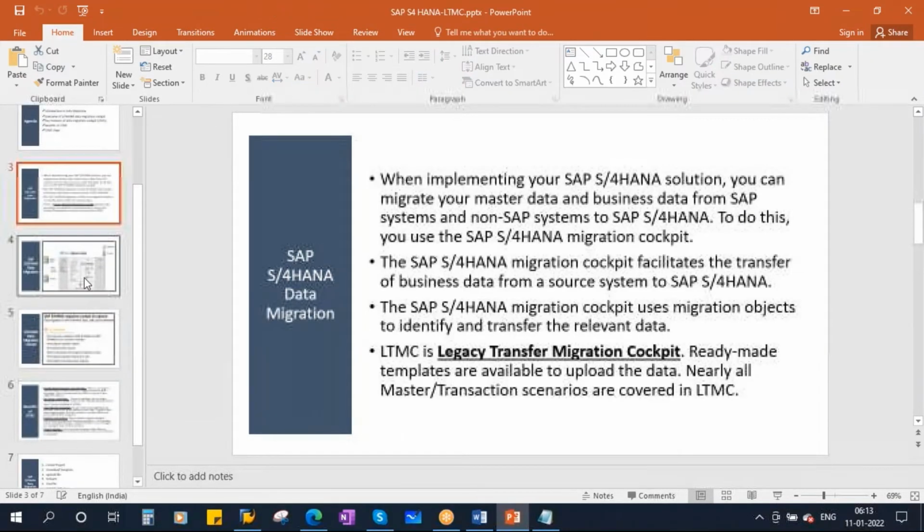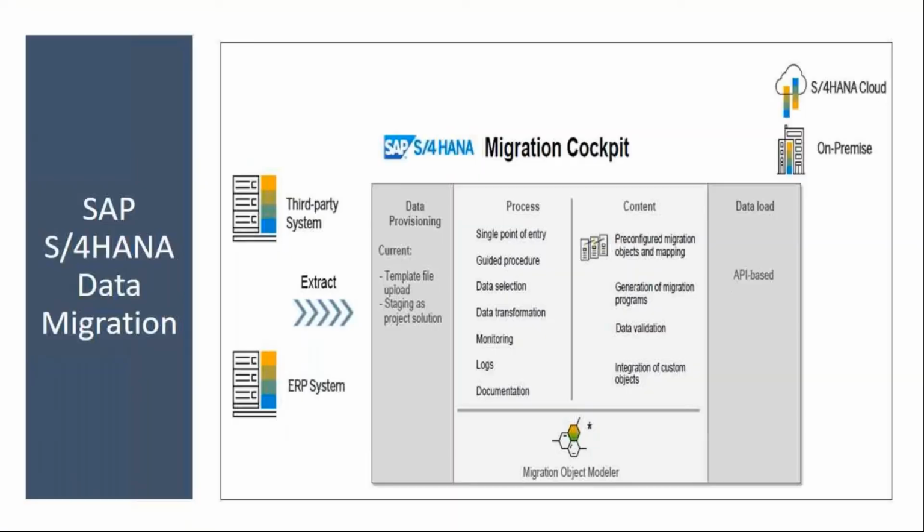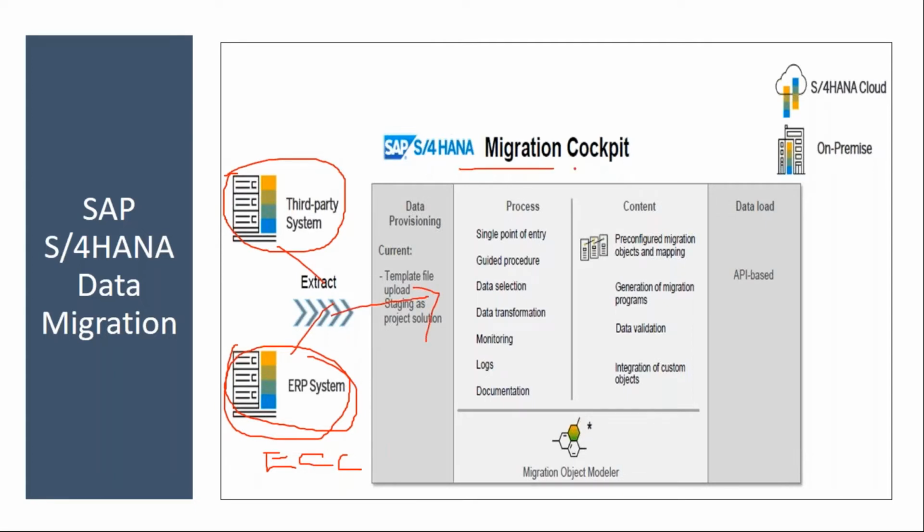Okay, so the company might already have a third-party system, or an existing ERP system, an SAP ERP, ECC system. What they do is extract the data from these systems and then upload it into S4HANA using this migration cockpit.